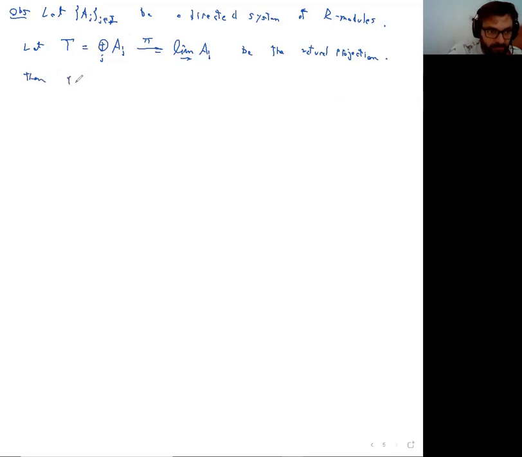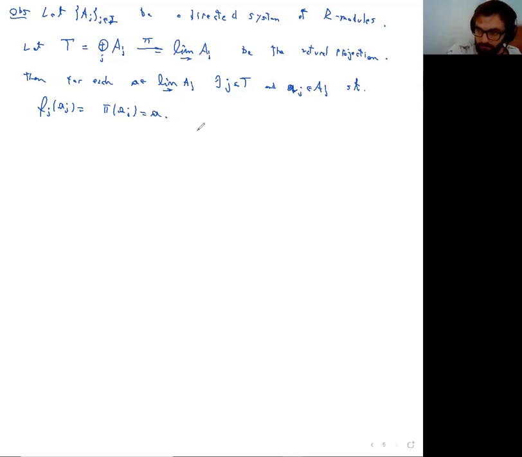Then for each a in this limit, there exists an element here which represents that limit. This maybe is not so intuitive, right?